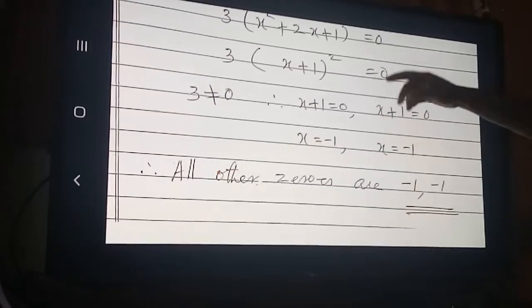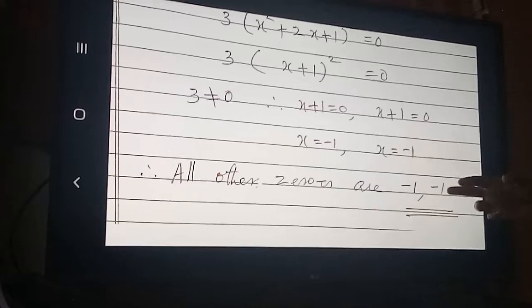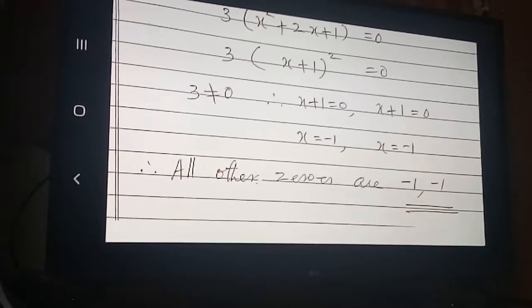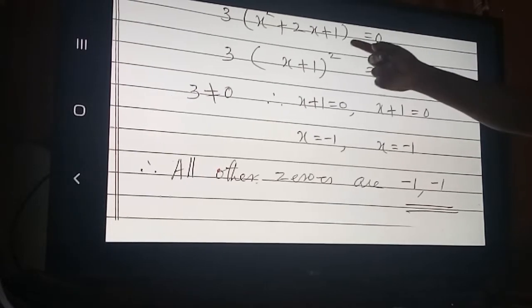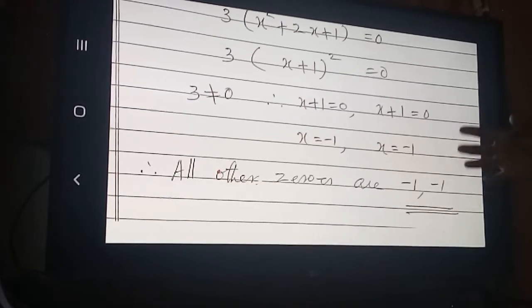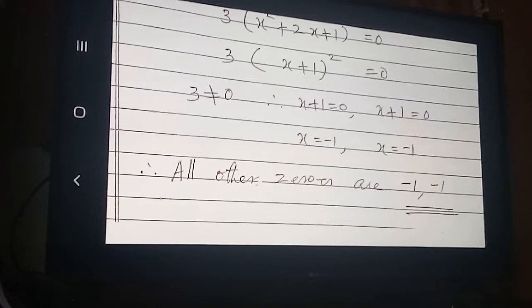Okay friends, this type of question is very important. If two zeros are given, then you have to remove those two factors from the polynomial by dividing, then factorize the remaining factor that comes and find the zeros. That is the method. Make that method clear in your mind. To find all the remaining zeros, this is the method.